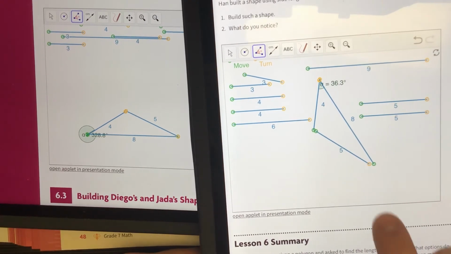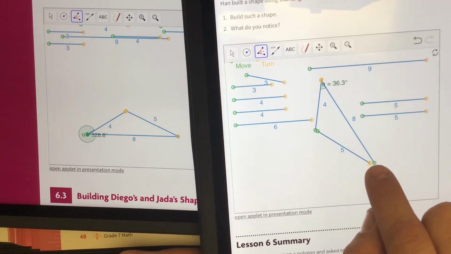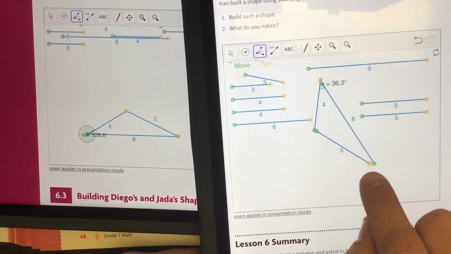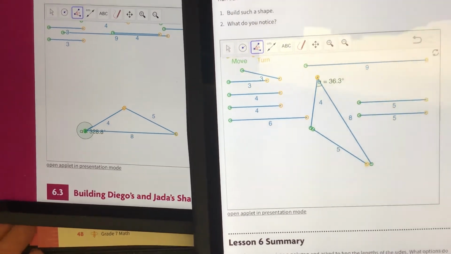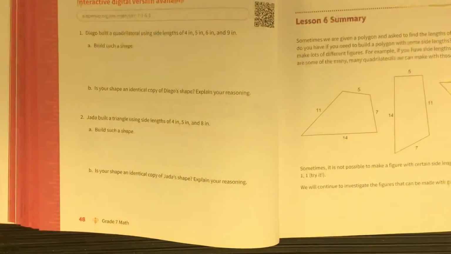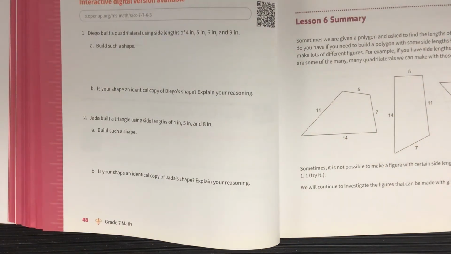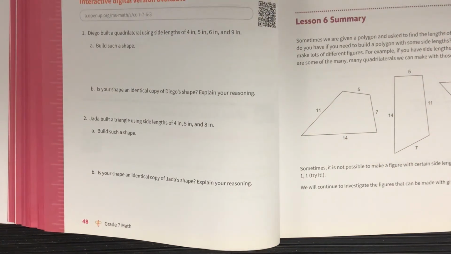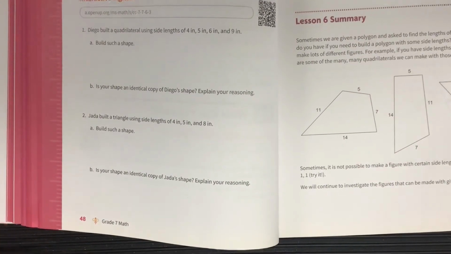Okay, that's pretty close. This one might be a little big because these aren't connected. But all the angles would be the same. So in this one, they are the same because the sides and the angles are the same. So is it identical? Yes, it should be.